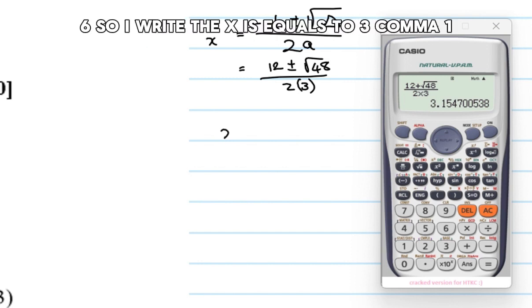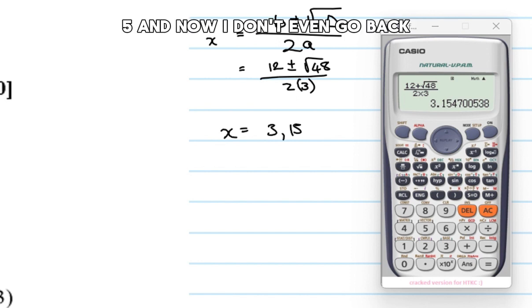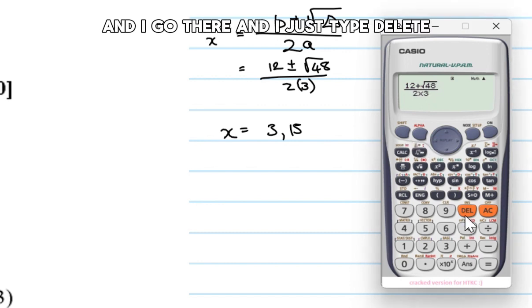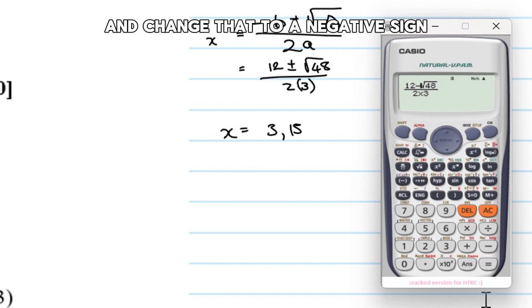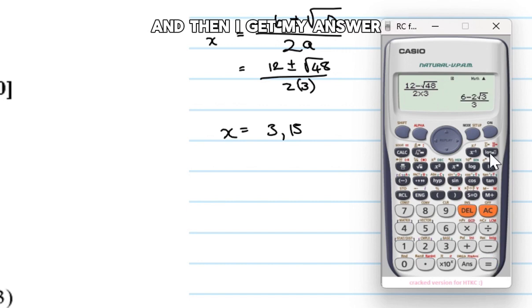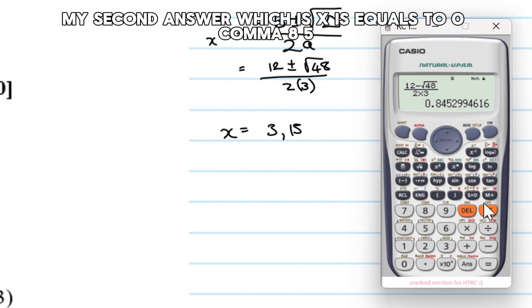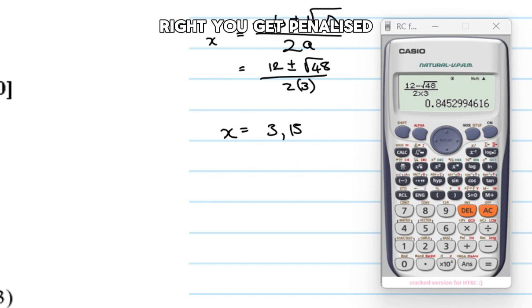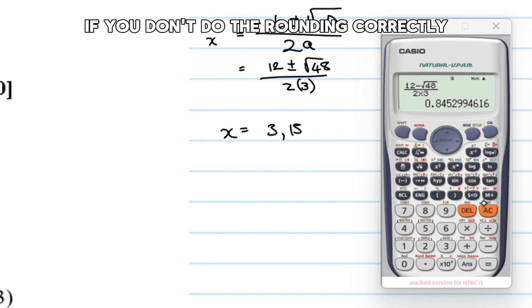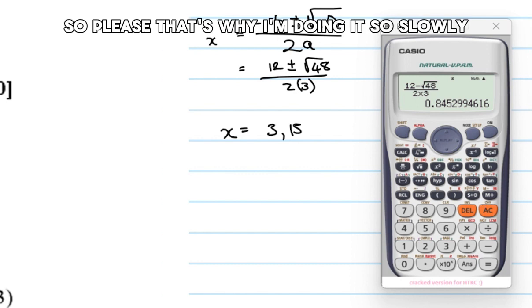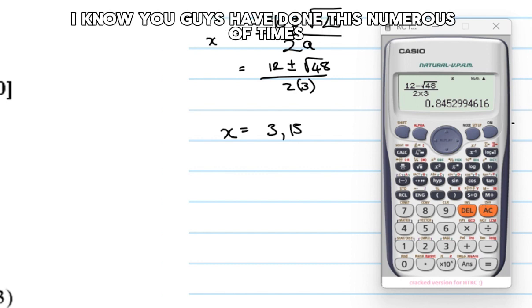So I write there x is equal to 3,15, and now I just delete and change that to a negative sign, and then I get my second answer, which is x is equal to 0,85. You get penalized if you don't do the rounding correctly. So please, that's why I'm doing it so slowly. I know you have done this numerous times, but you get penalized.